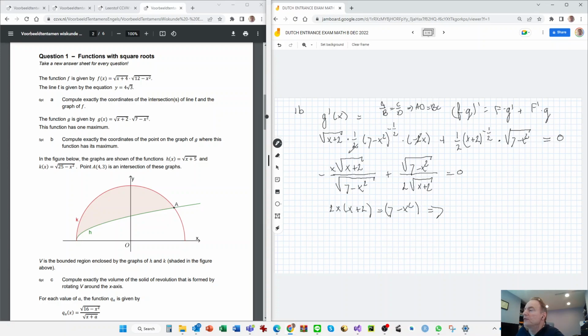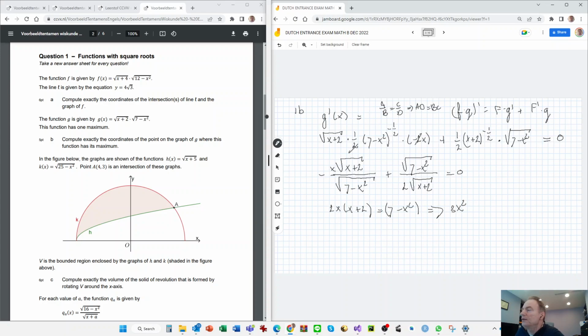Bring all this stuff to the left, so I get an x squared. Actually 3x squared, 2x squared, and add this to it.